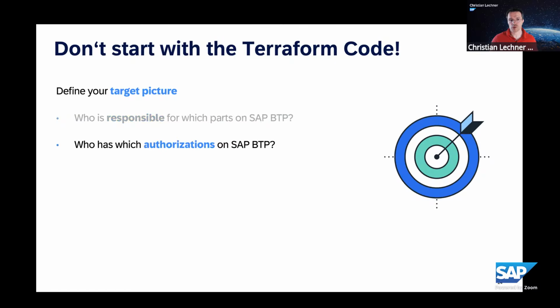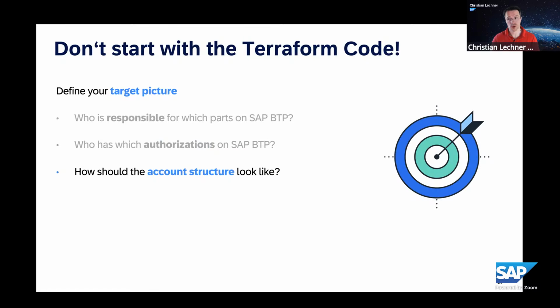Then maybe you want to refine your authorizations on BTP, because now you do the setup automatically. So maybe you don't want to have everybody with sub-account admin rights dealing with the sub-account because they might mess up your configuration. Then, very important, how should the account structure look like?